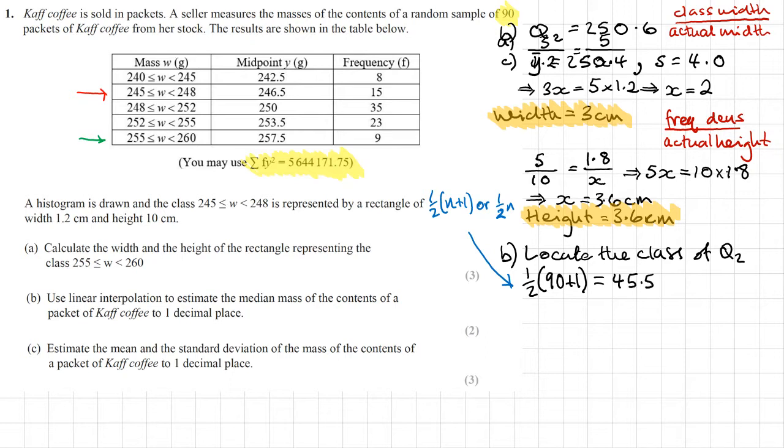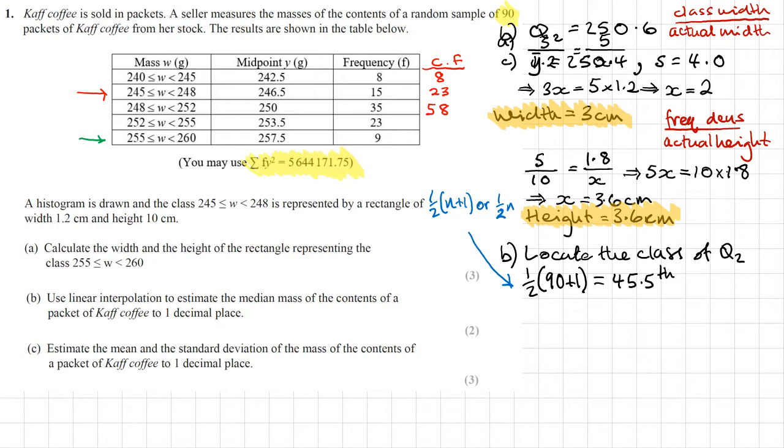So that's telling me that the median is the 45th number. Let's do the cumulative frequency and see where we find the 45th number. So we've got 8, then up to 23, and then 23 plus 35 is going to be 58. Plus 23, add 20 to that, it's going to be 78.